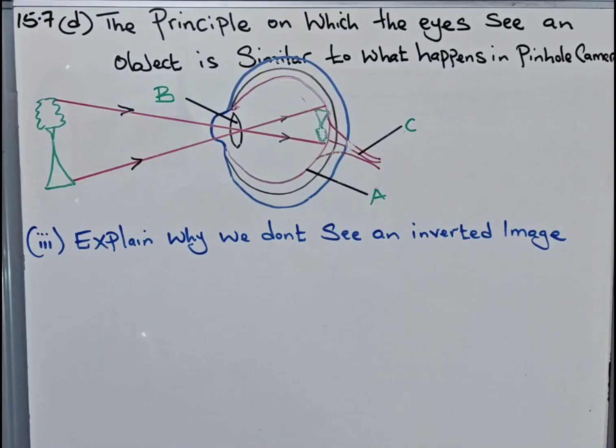The reason is that our brain believes that an inverted image is the right image. So when the image is inverted on our brains, it's correct. When the image is upright, then it's abnormal, it's inverted.